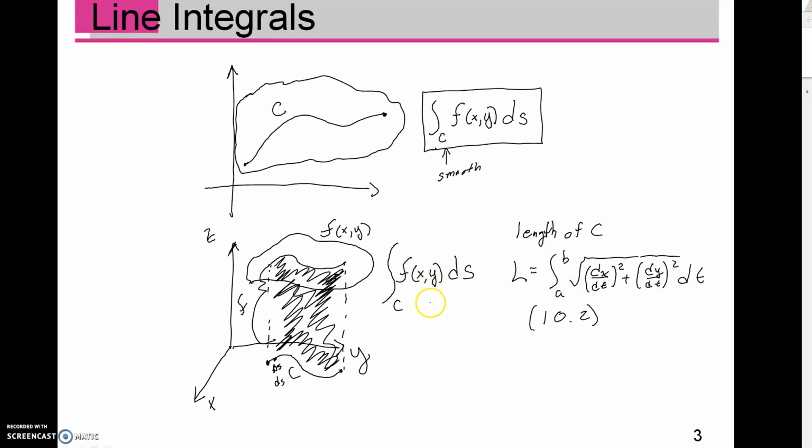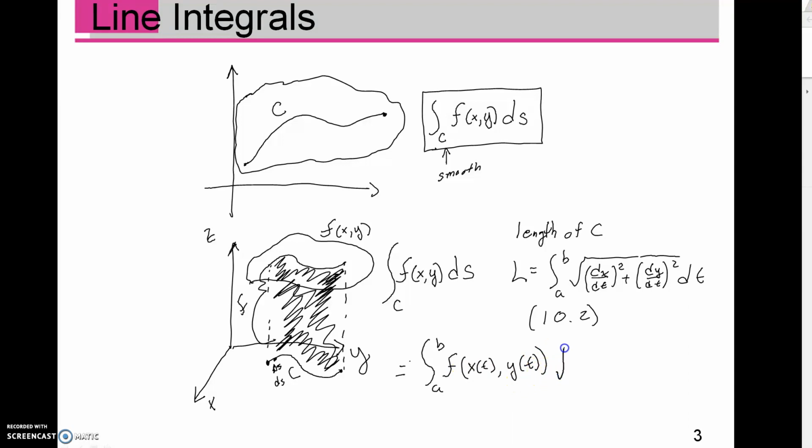So what we do is we think of these two ideas, and the line integral of f along C is the integral from a to b of f of x, y. Now, we have to parameterize this curve, so this is going to be x of t, so you use substitution, y of t. So there's your f value, your height.